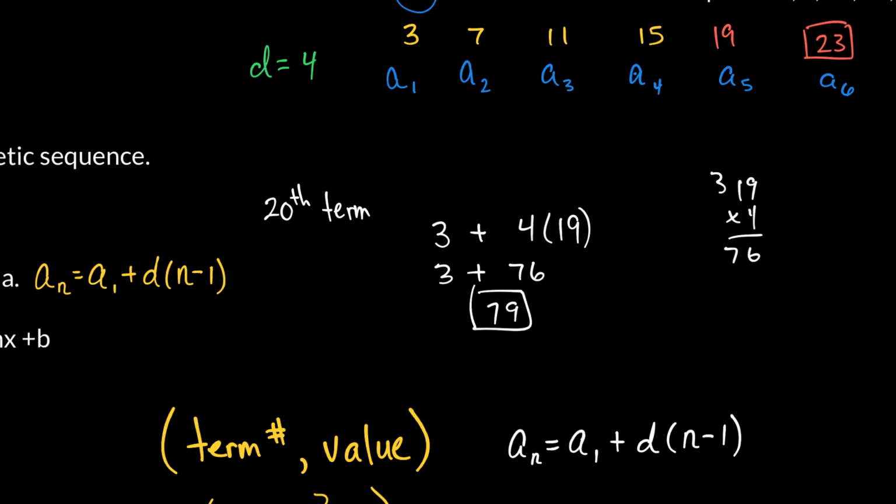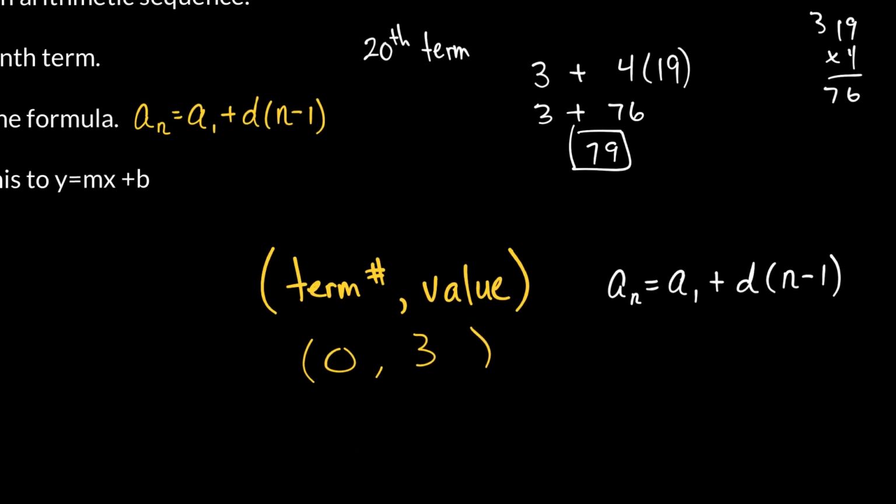So our 0th term is 3. Then the first time that we applied the difference, we got 7. We didn't apply the difference, and then we did.